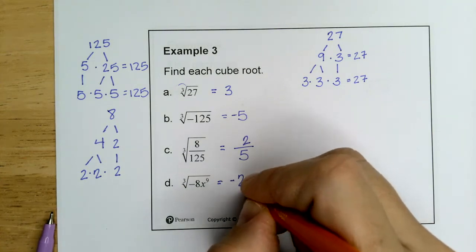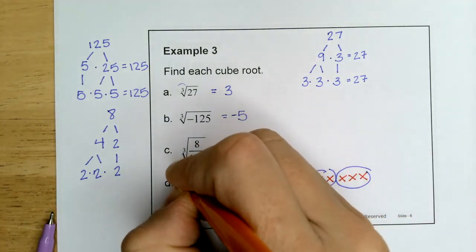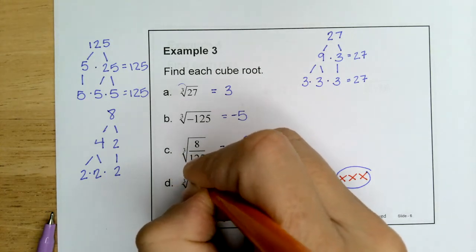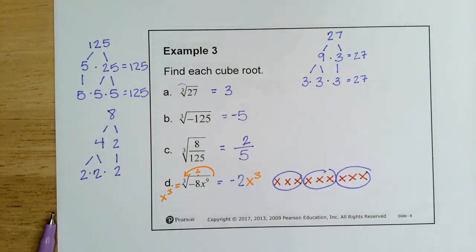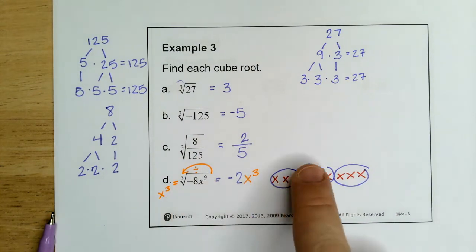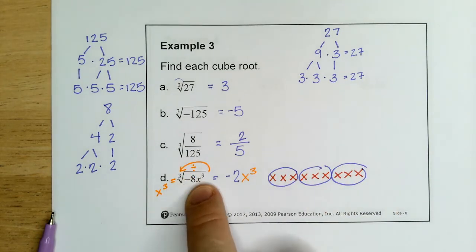So I'm going to say x to the 3rd. I can also say x to the 9th divided by 3 is x to the 3rd. So you can either just divide this number by this number, or you can think about how many groups of this size can I get out of this number.